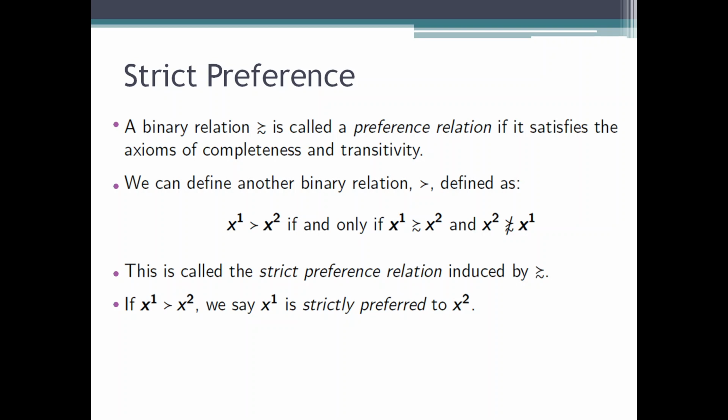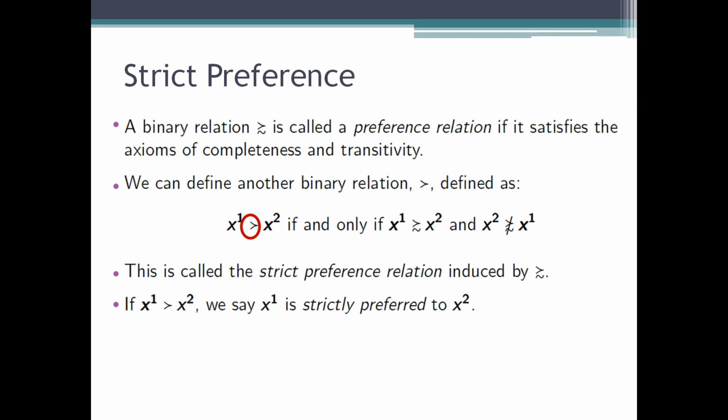A binary relation of at least as good as is called a preference relation if it satisfies the axioms of completeness and transitivity, as we just said. But there are other types of binary relations. So this sign means strictly.